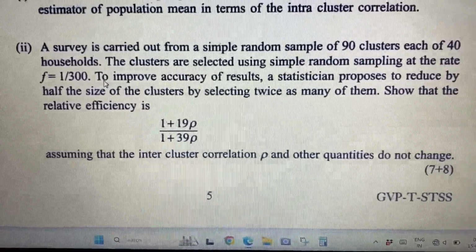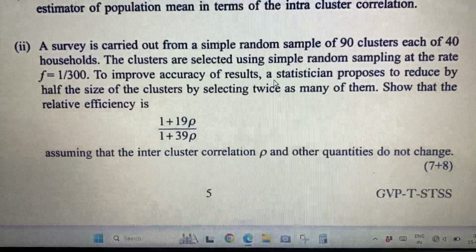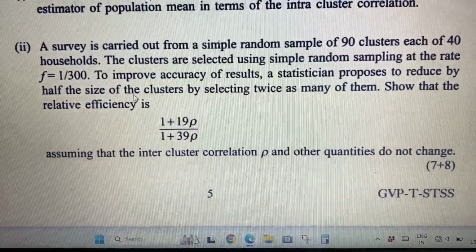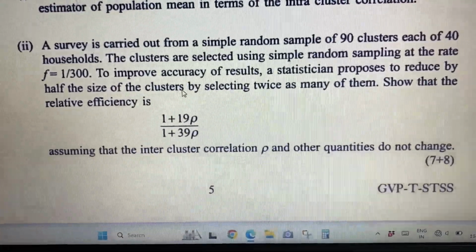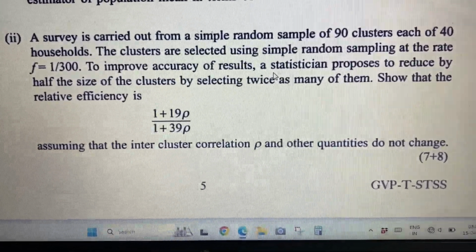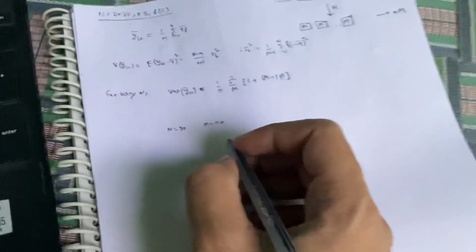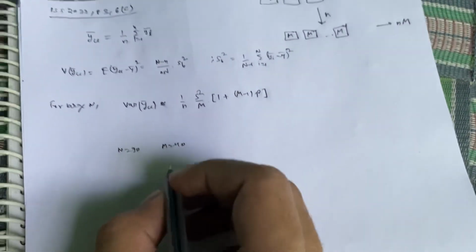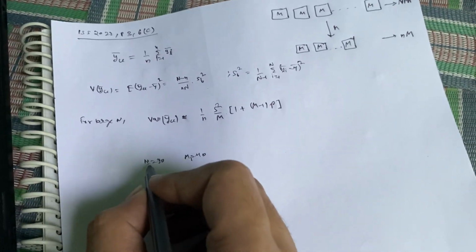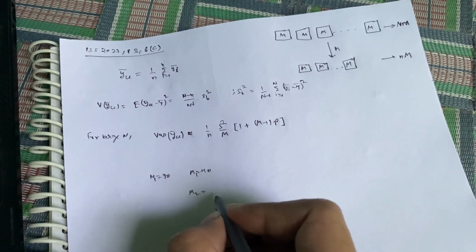To improve accuracy of the result, a statistician proposes to reduce by half the size of the clusters. Our earlier size was 40, so our new size, let's denote it by m1 and m2, is half, 40 by 2 is 20.